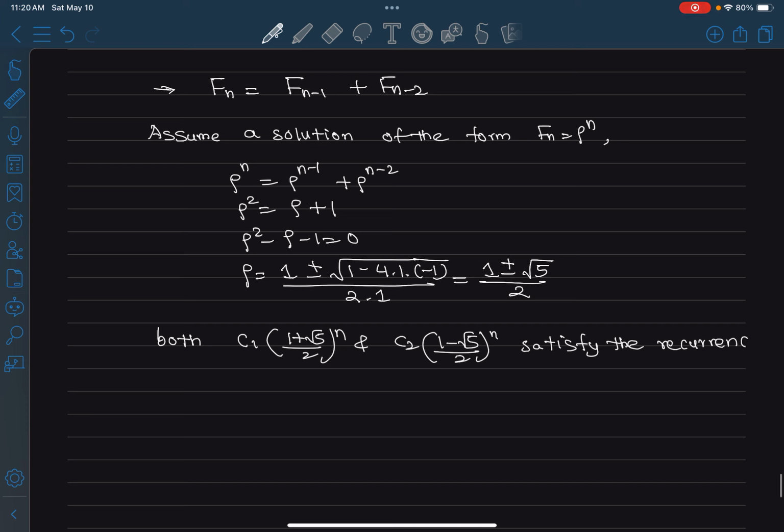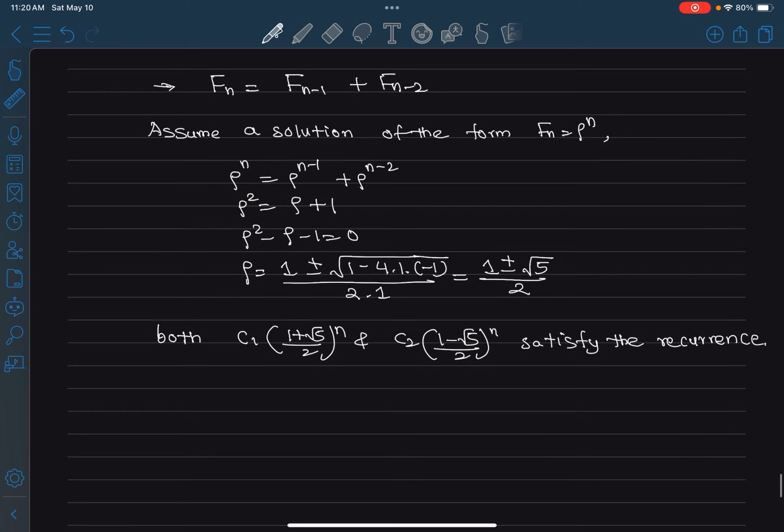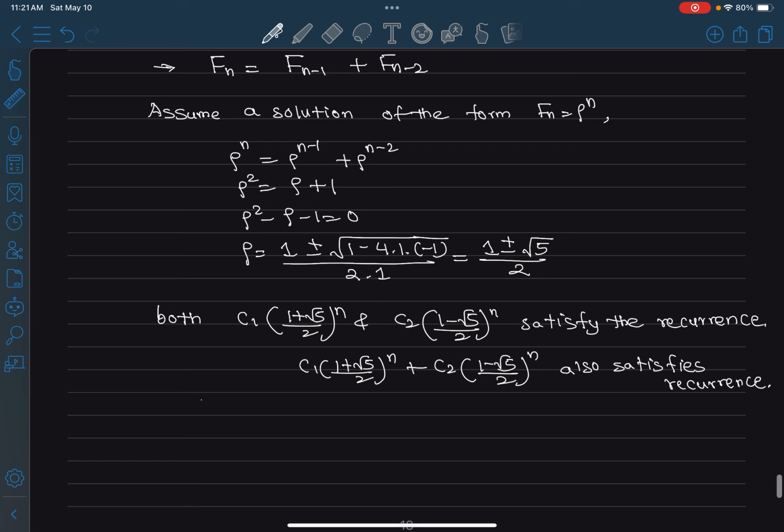And since these two are solutions, by the superposition principle, C1 times ((1 plus root 5) by 2) to the power n plus C2 times ((1 minus root 5) by 2) to the power n also satisfies the recurrence, right? It can also be verified that this is actually the general solution, so that's why the general solution will be in this form, C1 times this thing plus C2 times this thing.